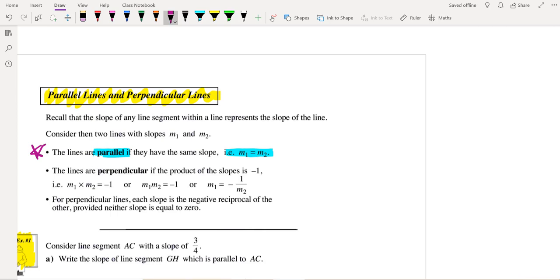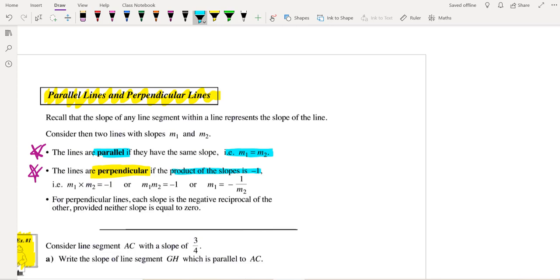Next is, how do we compare the slopes in perpendicular lines? Perpendicular lines are lines that cross at 90 degrees. So when you take the slopes of those two lines, the product, in other words, when you multiply them, is equal to -1.